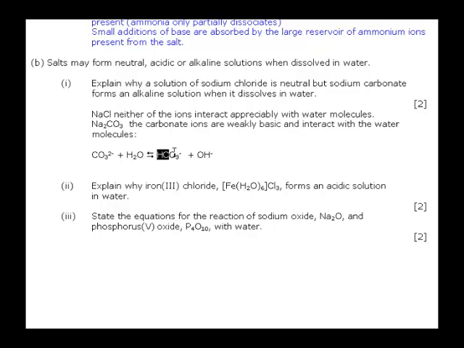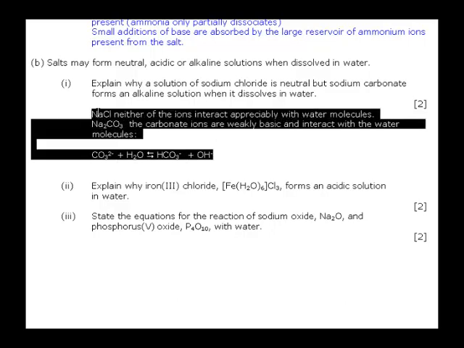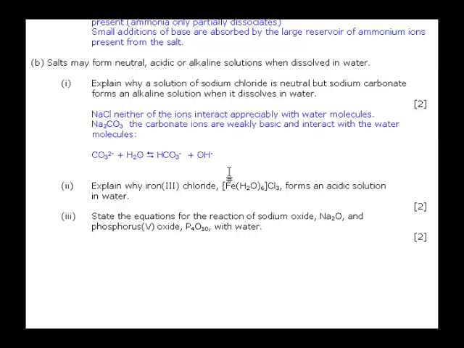This is the conjugate acid, the hydrogen carbonate ion. So this is the base. Carbonate ion interacts with water molecules, producing the OH minus ion. And this makes sodium carbonate basic.